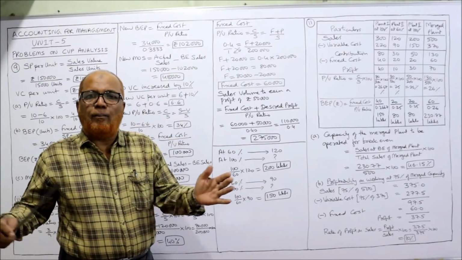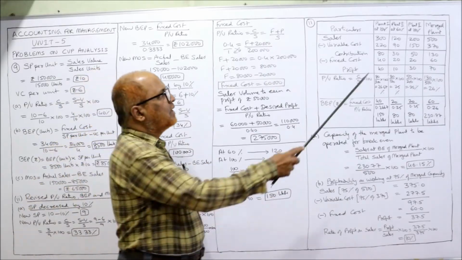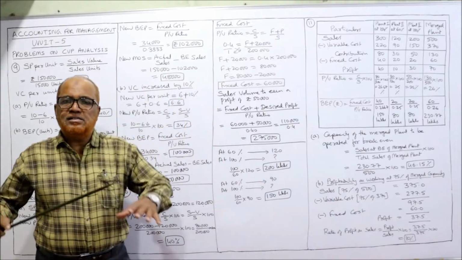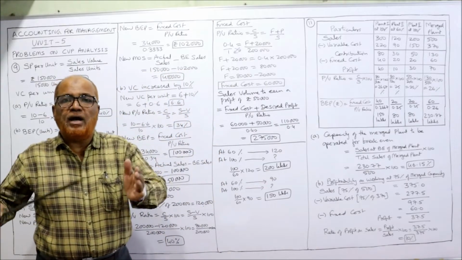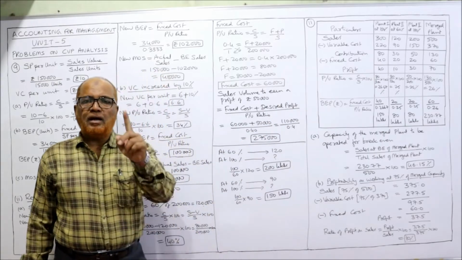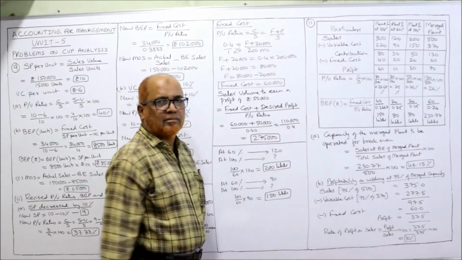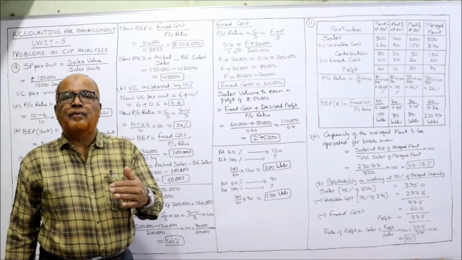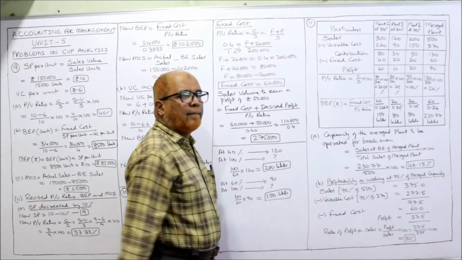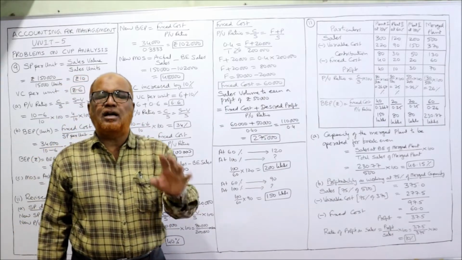Now merged plant, combined. So 100% plant 1, 100% plant 2. So 300 plus 200, 500 lakh is the total sales of the merged plant, combined plant, minus variable cost. Plant 1, variable cost at 100% is given 220 lakhs, no change. Plant 2, at 60% capacity, the variable cost is 90 lakh. But we don't require 60%, we want 100%.